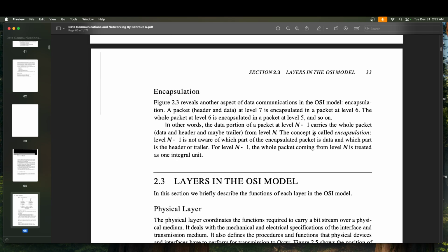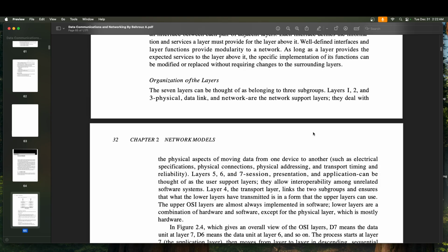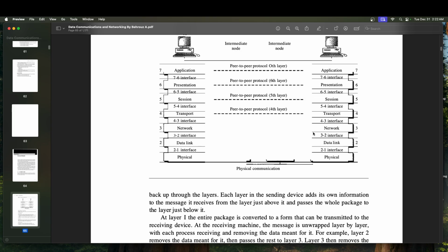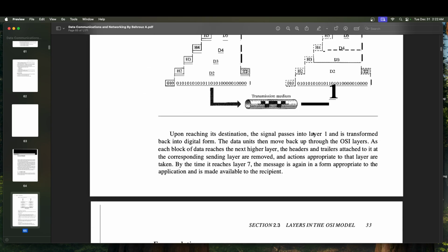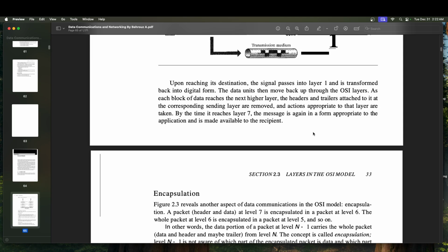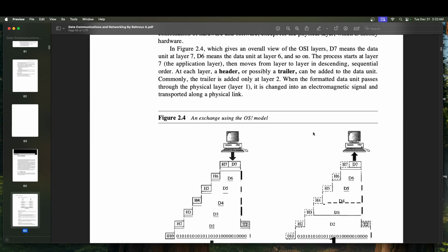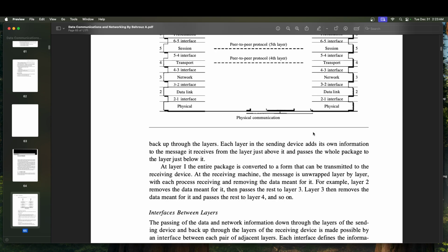Now what does figure 2.3 reveal? This is 2.4. So he's trying to say that something is getting encapsulated. A packet at layer 7 is encapsulated in a packet at level 6. How is the higher layer?